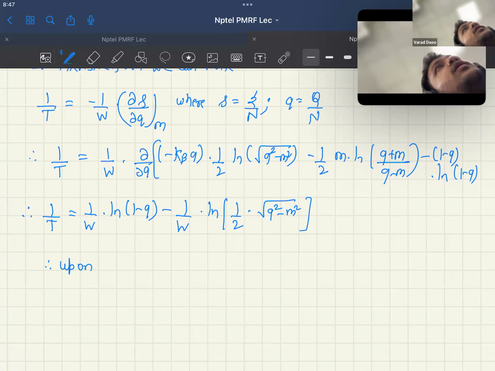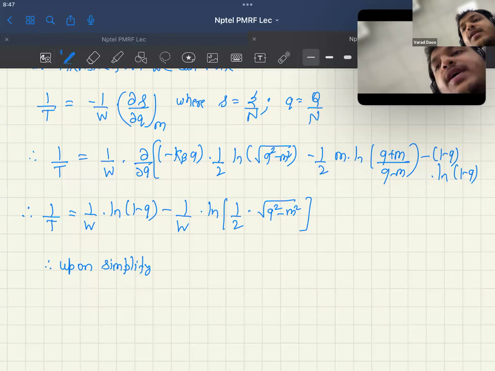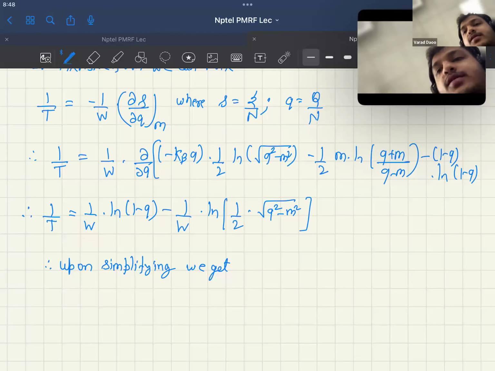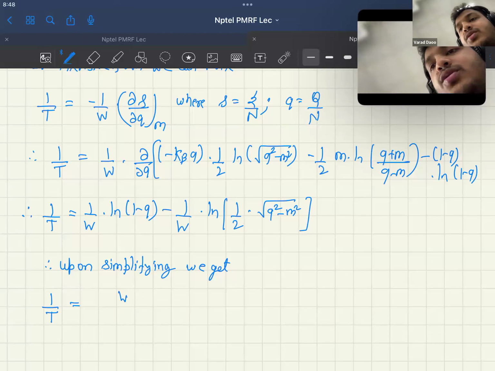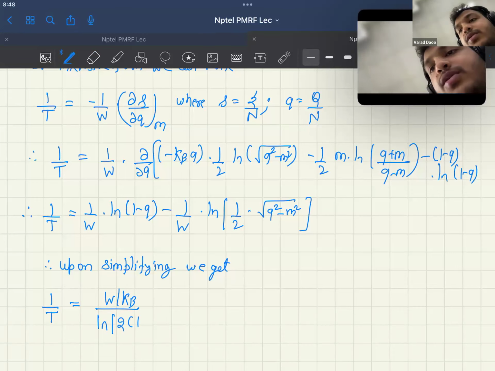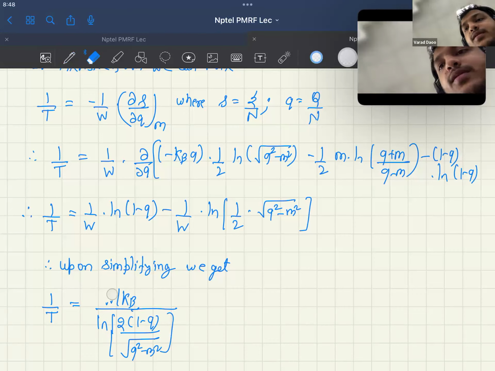Therefore, upon simplifying, what we get is 1 by T is equal to W by KB divided by ln of 2 into 1 minus Q divided by square root of Q square minus M square, W by KB.